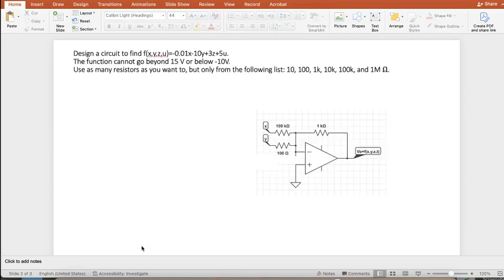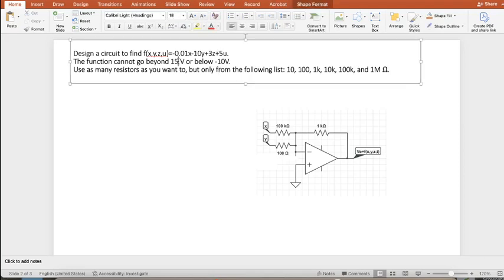Okay, so the same thing is true in the beginning. I'm going to put the x and y exactly like we did in the last video. It's going to be 1k here, and I needed to divide the x by 100, so I have to put 100k here. And I need to multiply the y by 10, so I put the 100 ohms here.